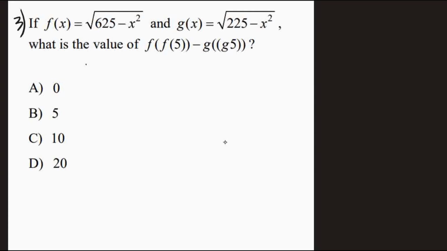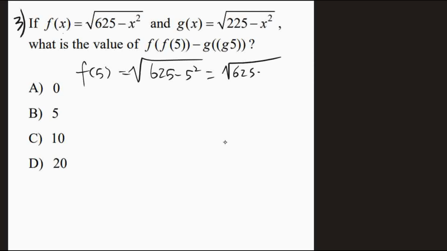We have f(5). It means we substitute the x with 5, so 625 minus 5 squared. So we have 625 minus 25, so we have the square root of 600 for f(5).